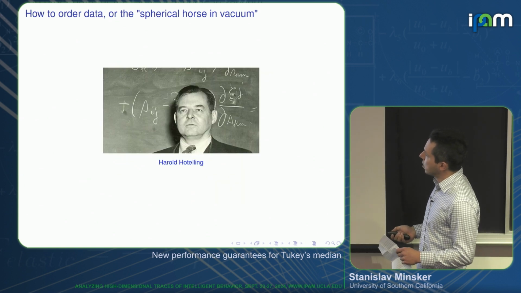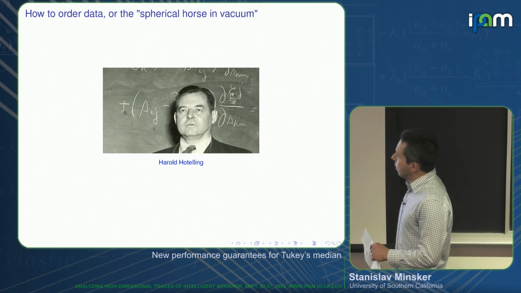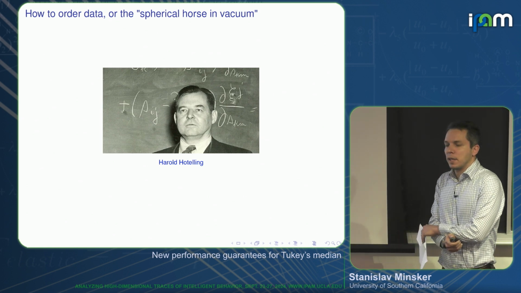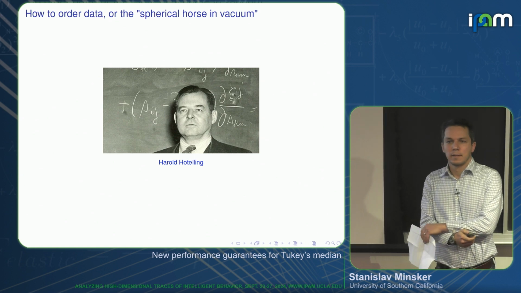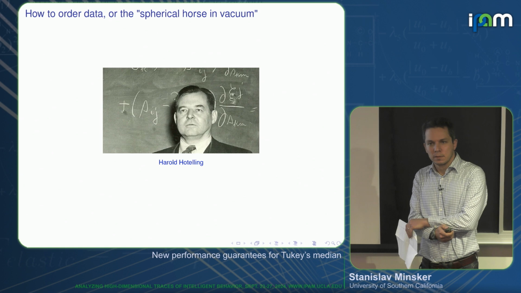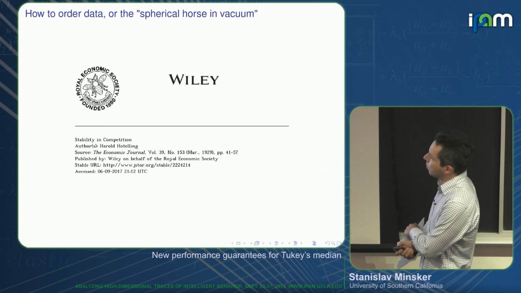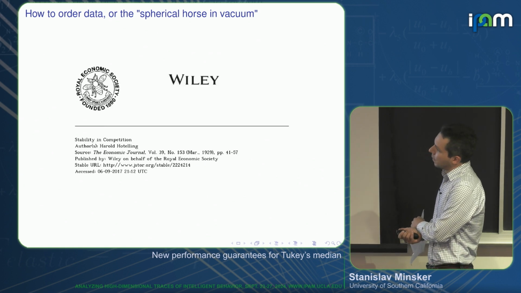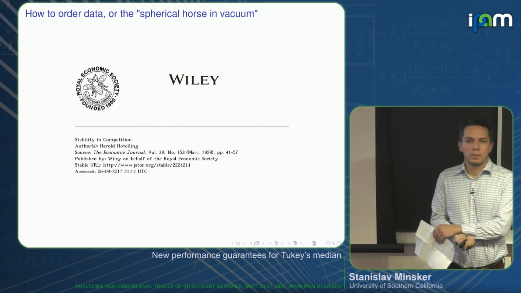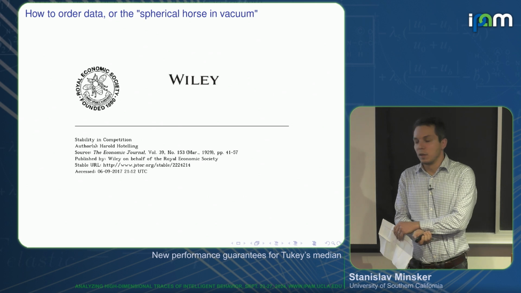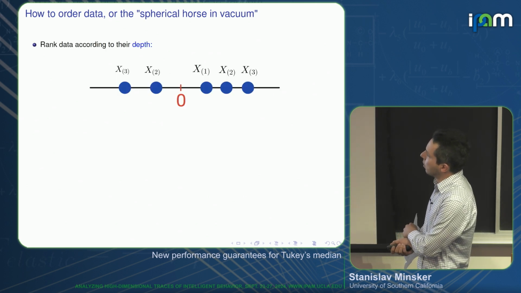However, as early as the late 1920s, Harold Hotelling, who was a statistician and an economist, realized in one of his studies that sometimes it is more natural to consider a different way to order data.